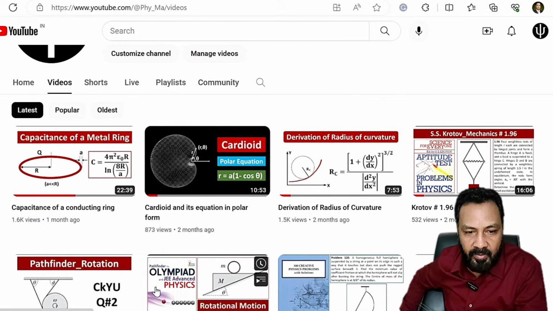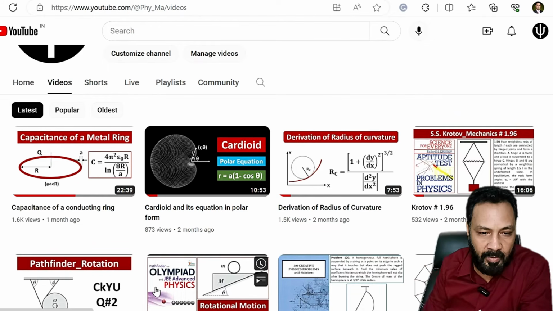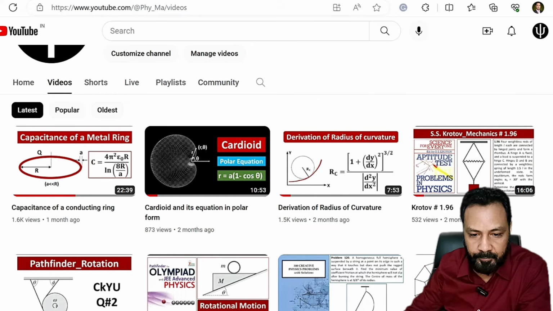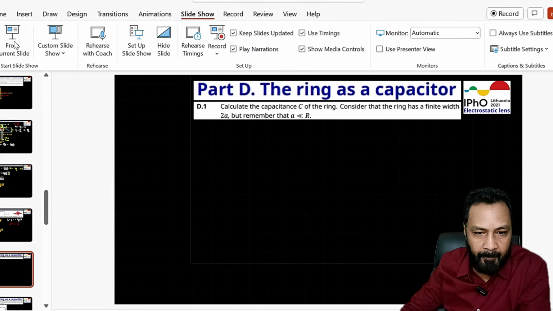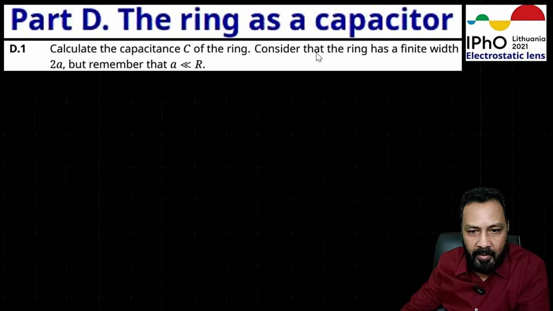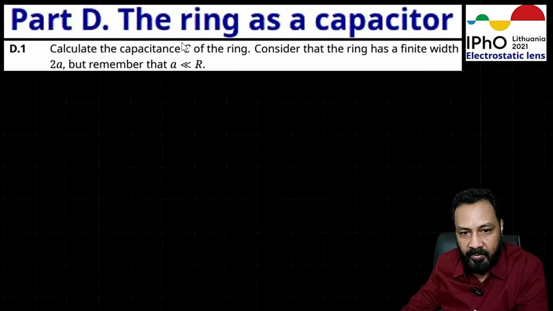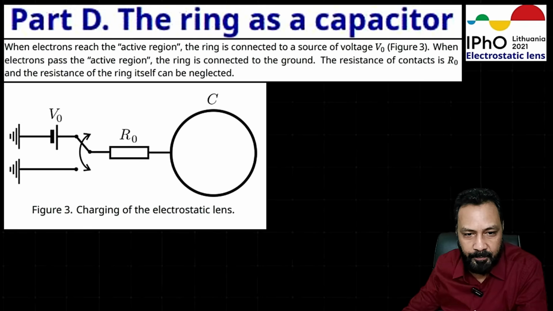Basically in the latter part we have to use this capacitance, and we don't have to write the whole expression of the capacitance, just write only C there. So we'll use that here. So I calculated the capacitance C, and in terms of C we'll use it later. So that part I'm not going to do in this video.